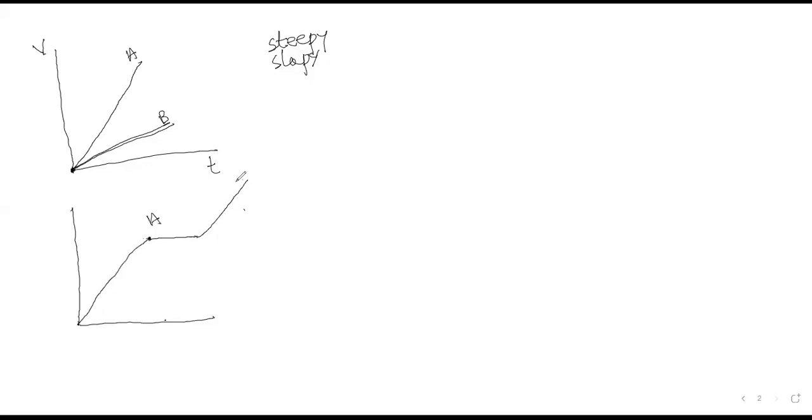This is maybe B. Okay, B must be here, and then this is C. The body is accelerating at A. The body is also accelerating at C. At B, the acceleration is 0.